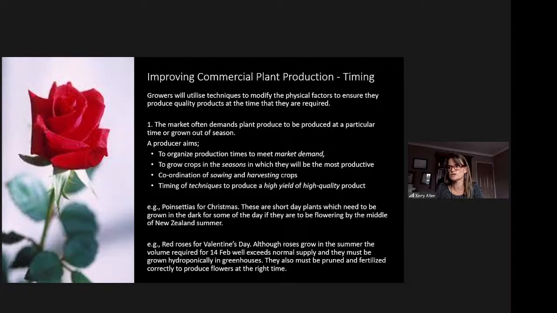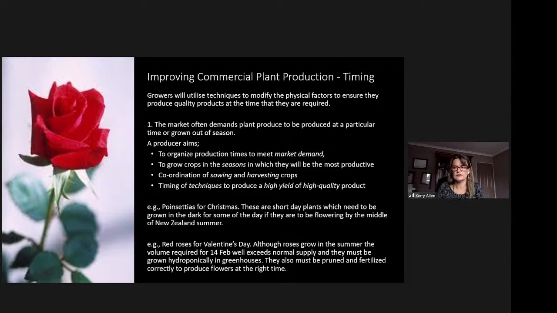These are actually short day plants, and that means that they don't normally grow at this time of the year. So they need to be grown in a controlled environment because they need a short day and a long night to be able to flower, to make them that red colour. So you need to be able to manipulate them to get there.